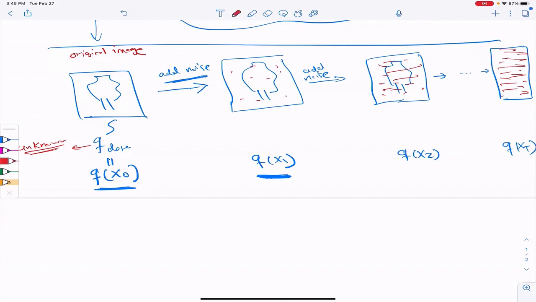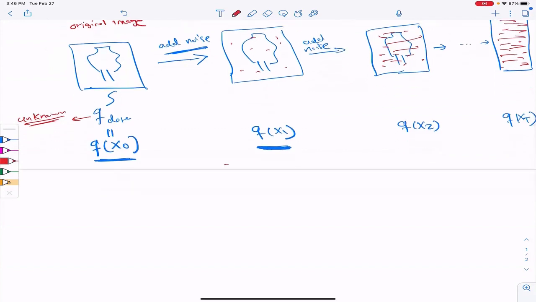Okay. So this process is called the forward process. Obviously, when I'm saying forward process, you can immediately think that we'll have a backward or reverse process.